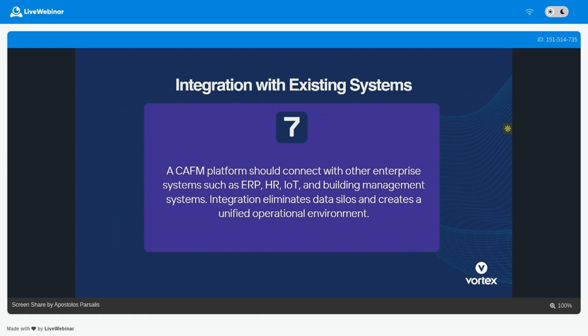Because a CAFM platform should not operate in isolation. So an integration with all these existing systems, and again, ERP, IoT, existing systems, procurement platforms in many cases to handle the spare parts and consumables and new equipment. So when systems communicate with each other, you gain a much more complete operational picture.